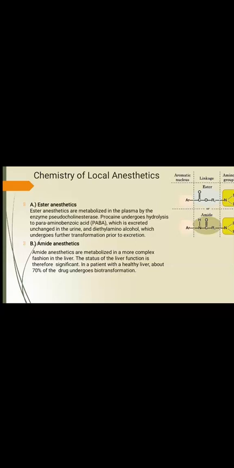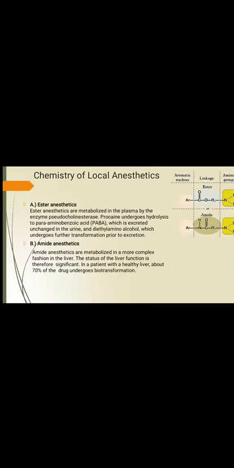Second, amide anesthetics. These are metabolized in a more complex fashion in the liver and they are more stable than the ester anesthetics. The status of the liver function is therefore significant. In a patient with a healthy liver, about 70% of the drug undergoes biotransformation, that is metabolism.